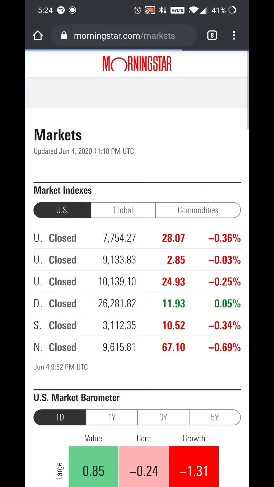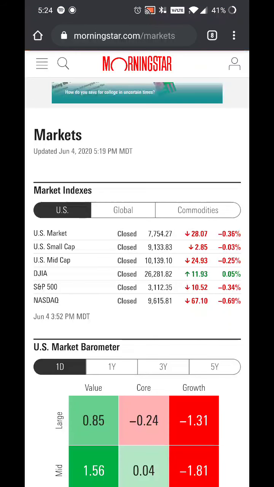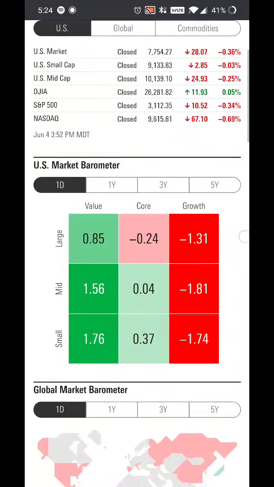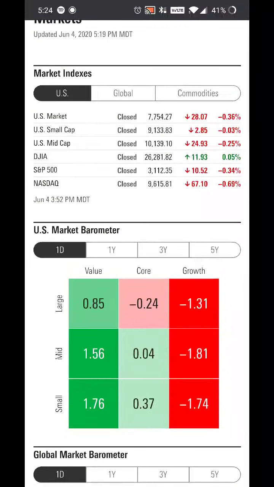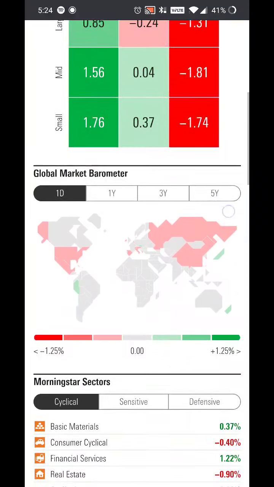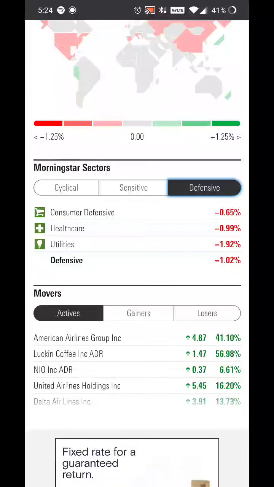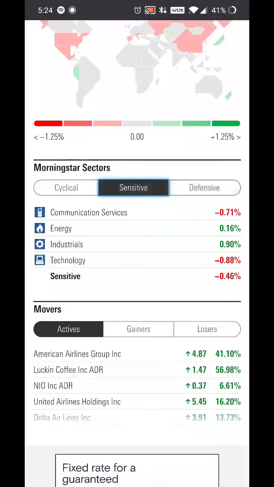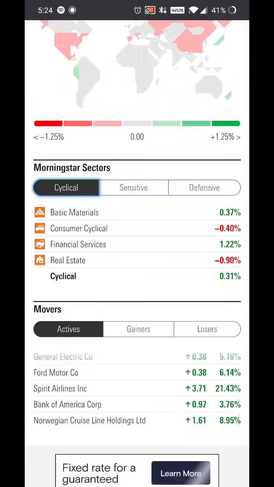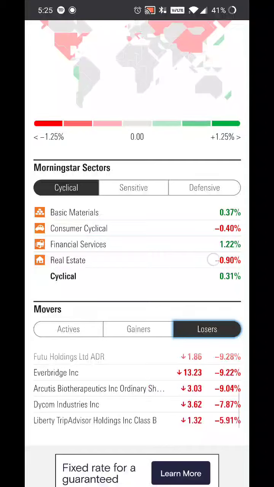This is another good one. Morningstar.com/markets. Shows you how the stock market did today in all the markets. Mid cap, small cap, NASDAQ, value, growth, the individual sectors, healthcare, utilities, tech, active movers, gainers and losers.